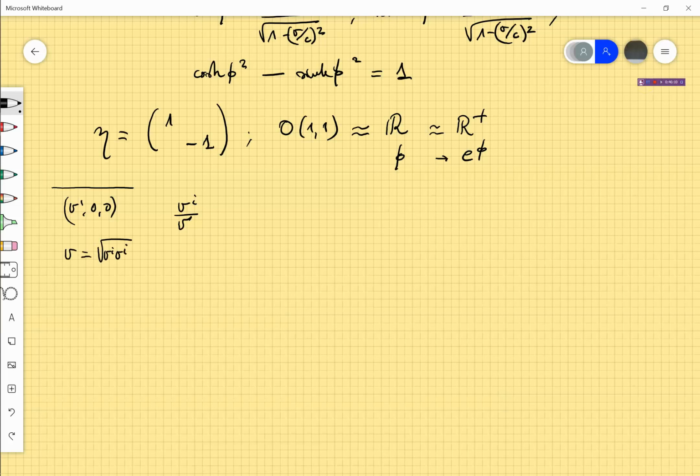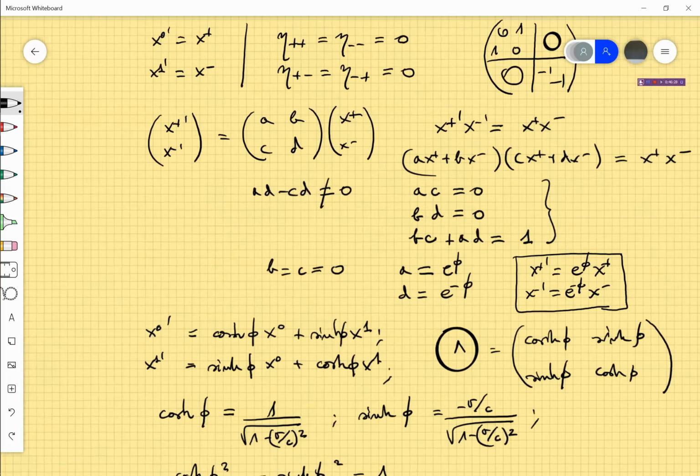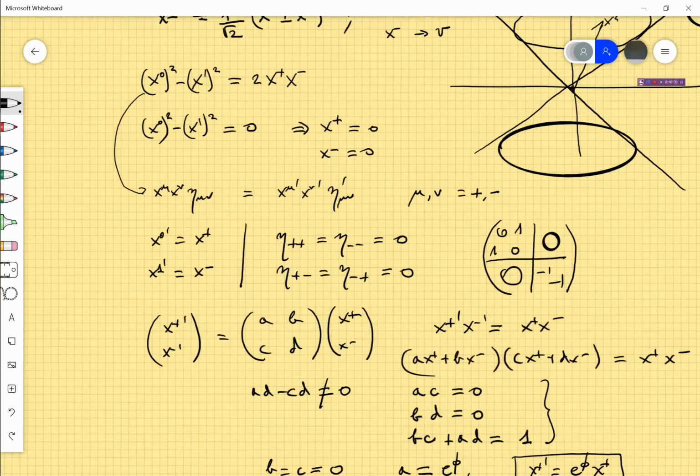And you can also project in directions orthogonal to the speed using this. And when you do this, you should recover the original simple result of a boost in the direction 1.